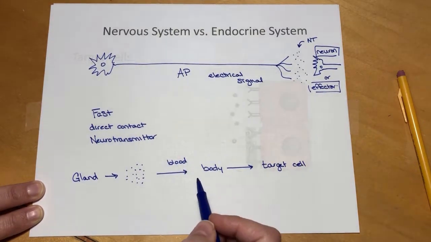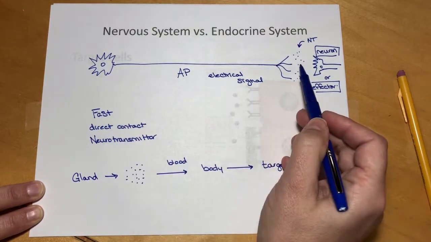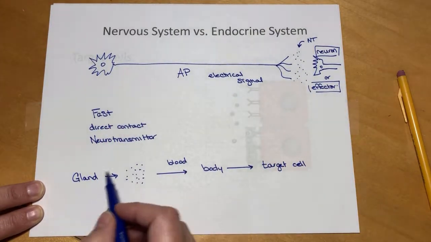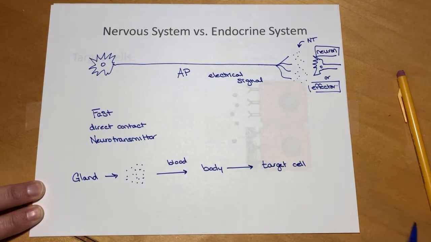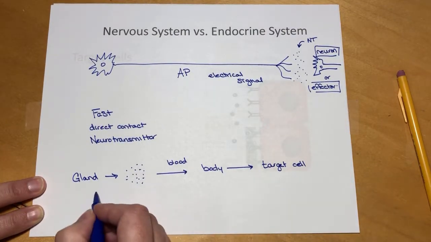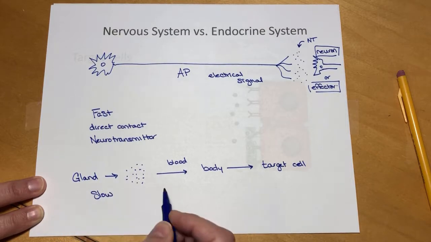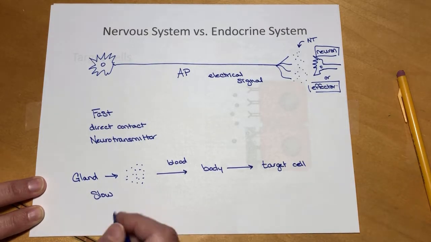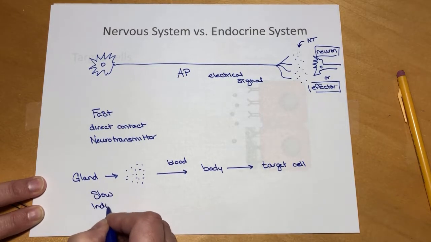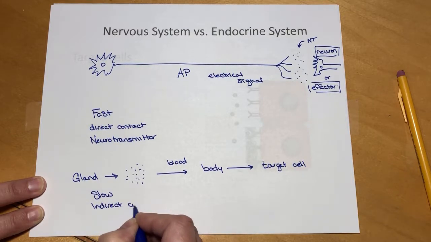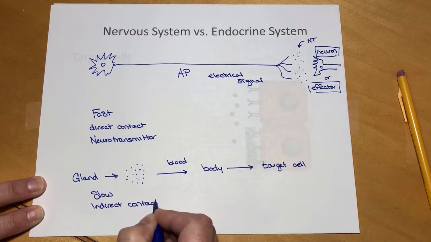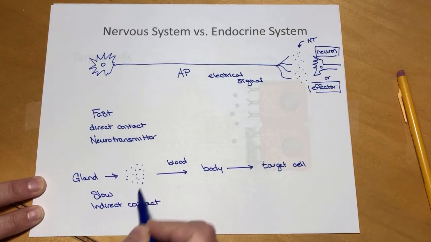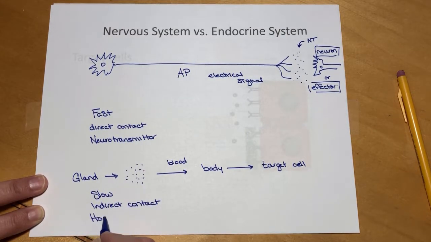So in contrast to the nervous system where it was a direct stimulation, this is a very indirect stimulation, and it can take some time. So the endocrine system is slow, it's indirect contact, and the chemical signal that we're using is not called a neurotransmitter, it's called a hormone.